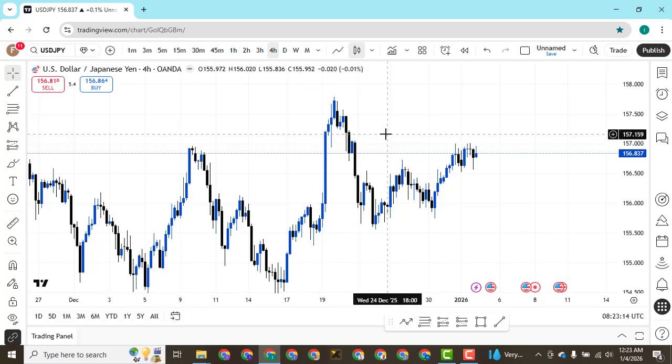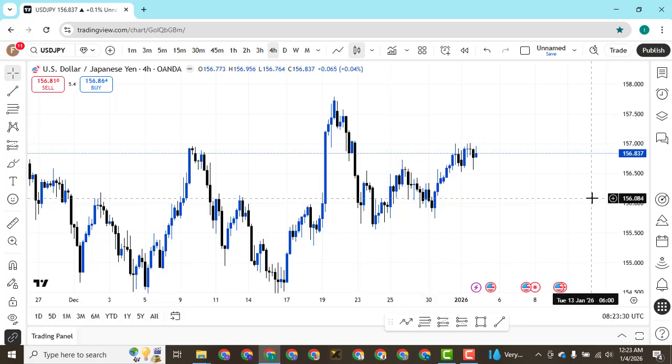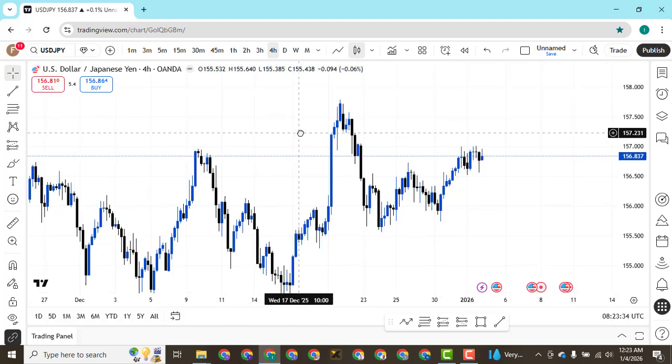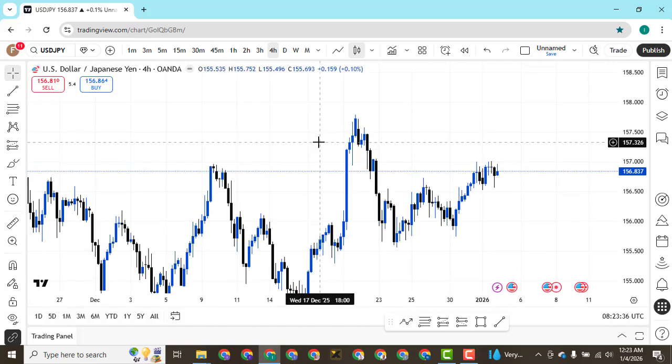So we are going to be looking at some pairs. I trade so many pairs because anywhere I see my strategy, I trade. So that is the way I do it. I'm going to be analyzing a few pairs for this week.